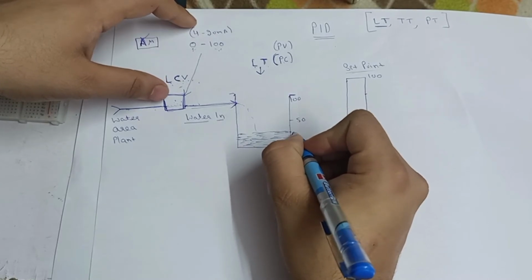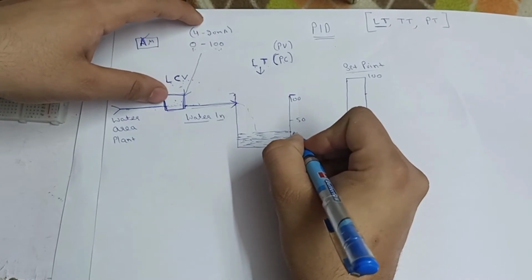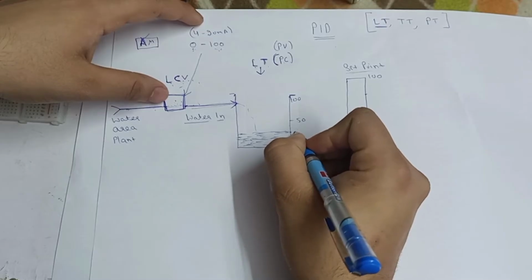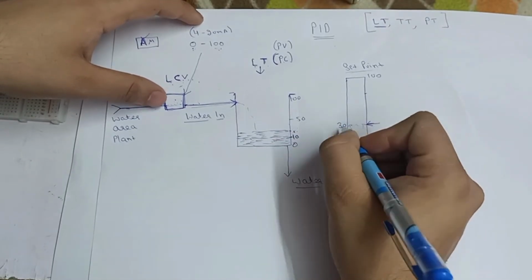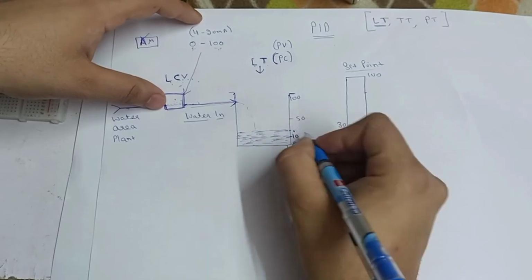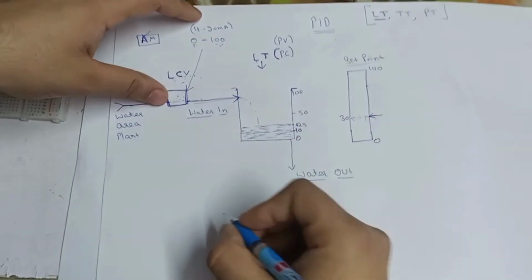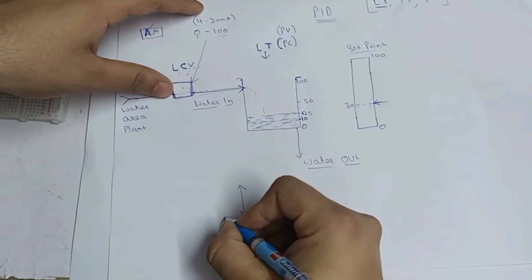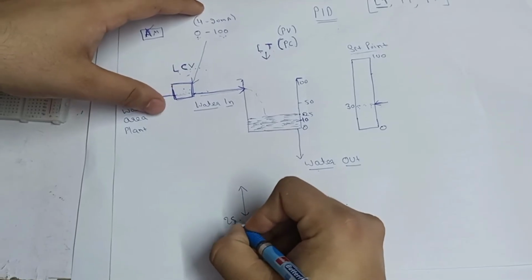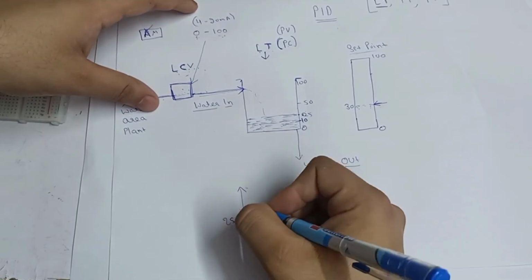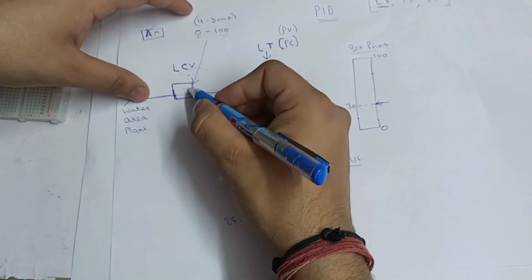When it is nearby 30, like 25 to 30, it tries to increase, because the 30 set point is here. Taking 25 as an example, after 25, say plus 5 or 10, it always tries to close.